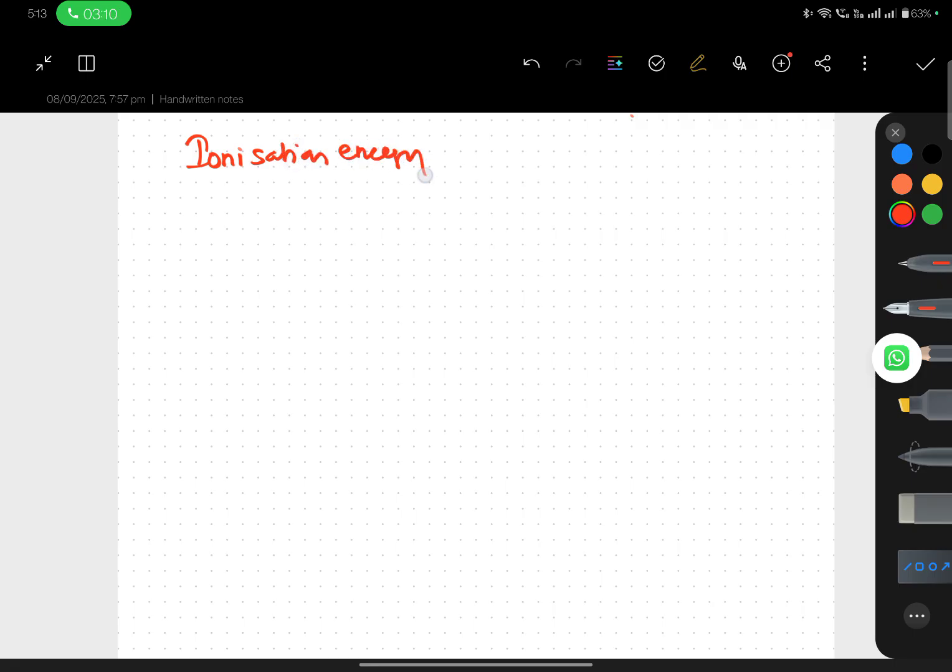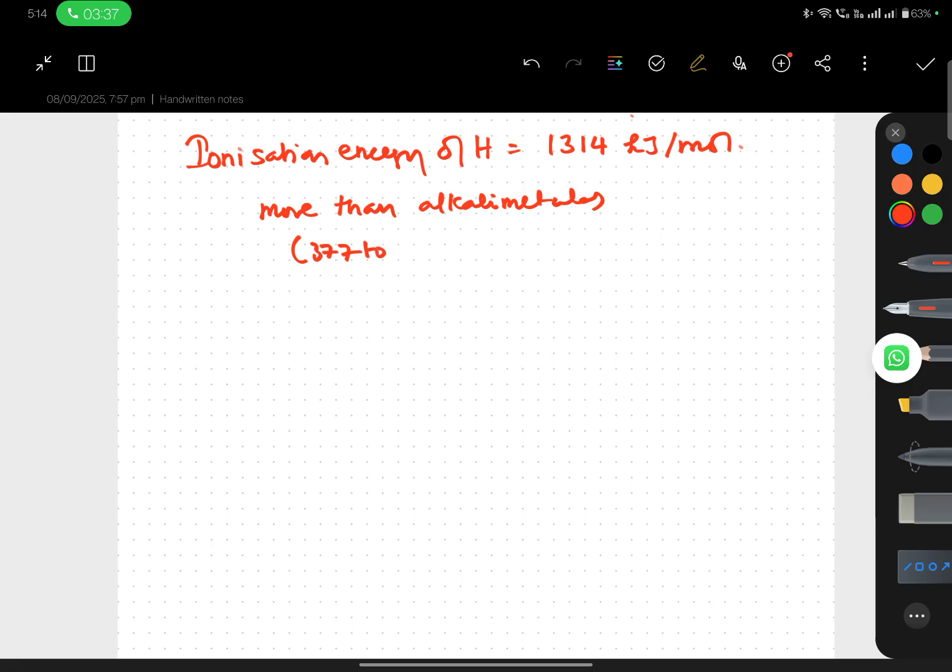Ionization energy of hydrogen is equal to 1314 kilojoule per mole. They ask this for 1 mark. Please make a note. So it is more than alkali metals. In alkali metals the range is between 377 to 520 kilojoule only. This is very high.